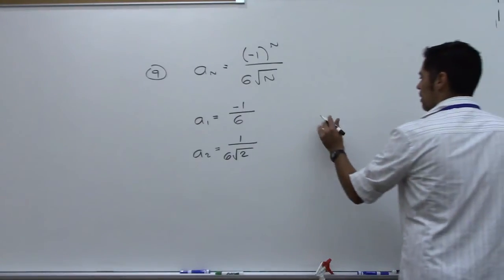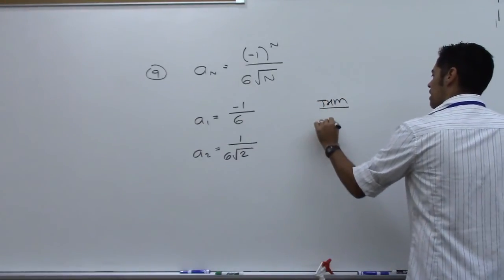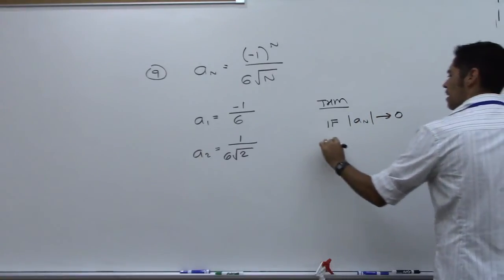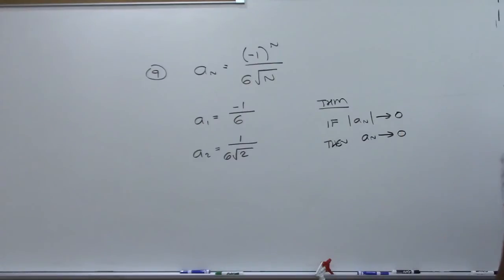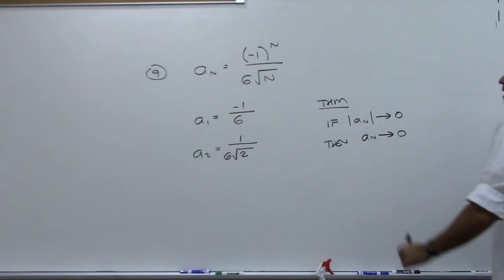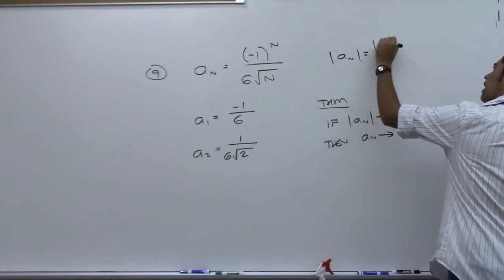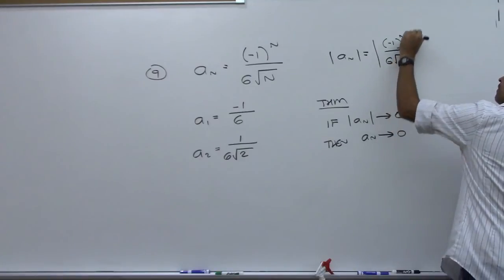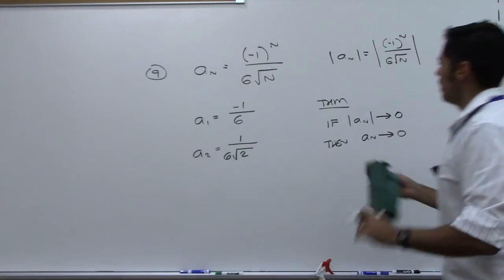So what I'm going to do is look at a theorem that we did in class. The theorem says that if the absolute value of a sub n goes to 0, then a sub n goes to 0. So I'm going to take the absolute value of a sub n. The absolute value of a sub n is the absolute value of (negative 1)^n over 6 root n. And when we take the absolute value on top, it doesn't matter that it's negative 1.